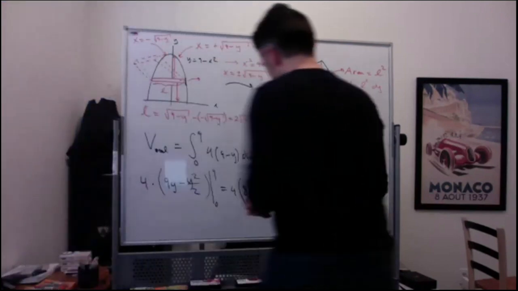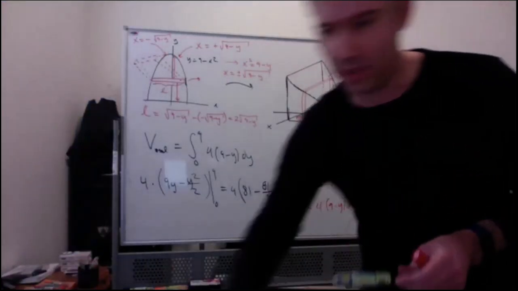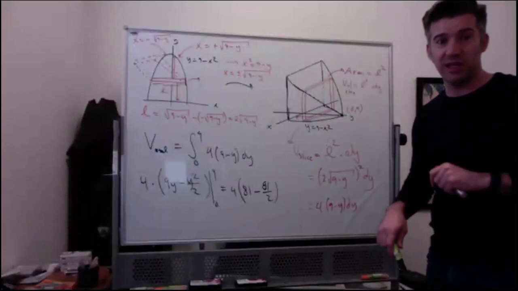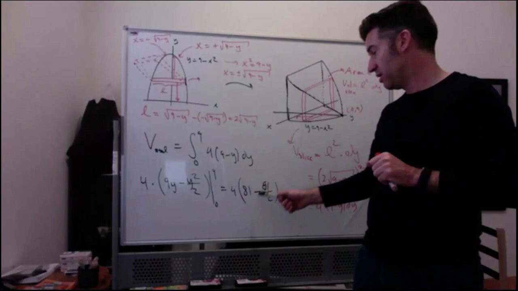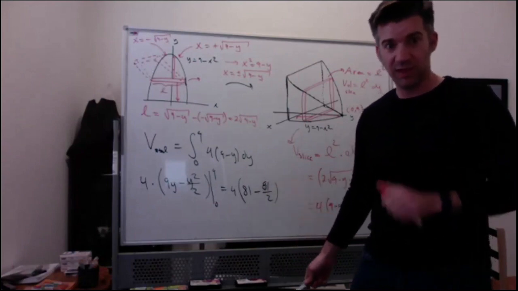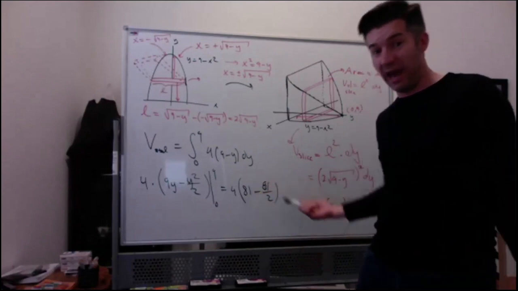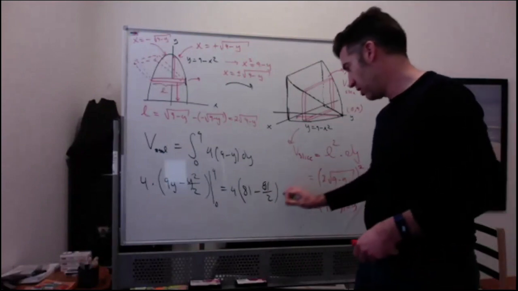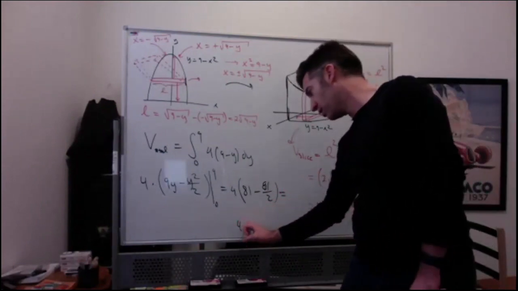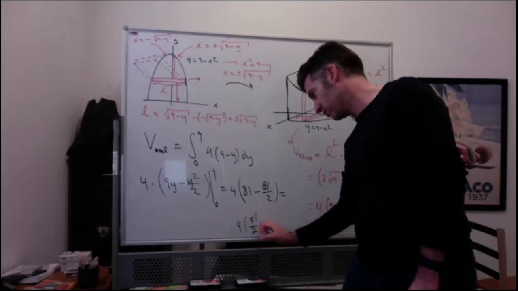So here's the thing that actually comes up a lot when you're dealing with areas and volumes and all kinds of stuff and work. You often get this thing where you plug in some numbers and you get something squared minus half of the same something squared. When you take a number and you subtract half of it, you're left with the other half of it. So this should be 4 times 81 over 2.